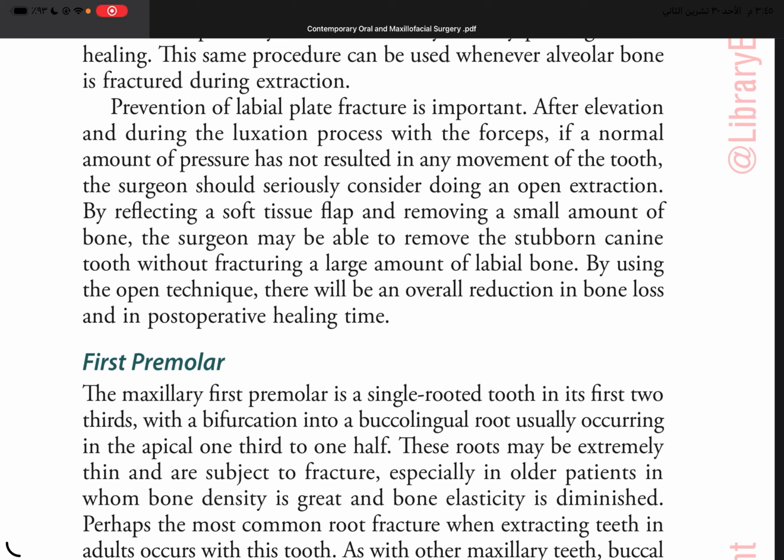The surgeon may be able to remove the stubborn canine tooth without fracturing a large amount of labial bone. By using the open technique, there will be an overall reduction in bone loss and in post-operative healing time.